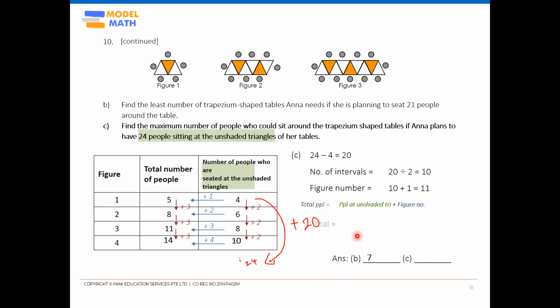So total people seated at figure 11 would be 24 plus 11. That means this figure 11 has to be plus 11 to get the question mark here. And that will be 35 people.